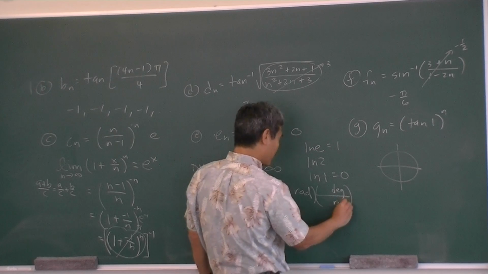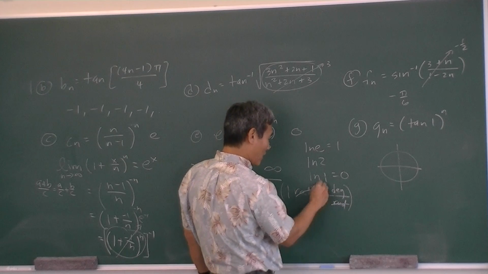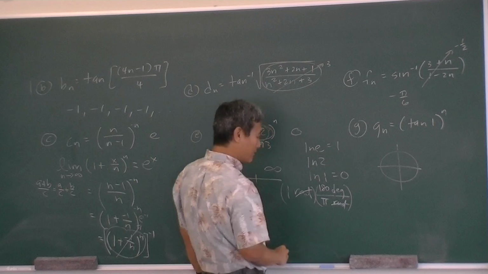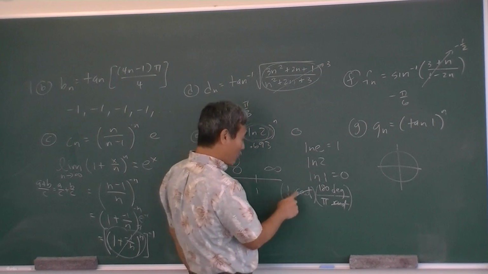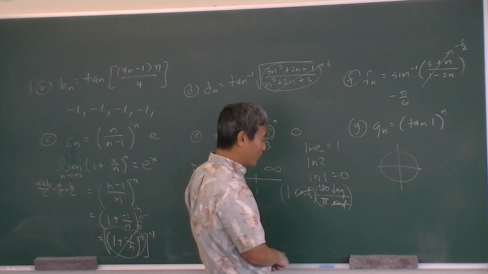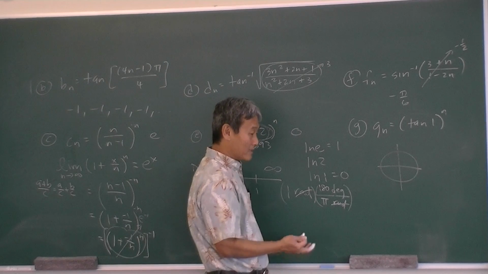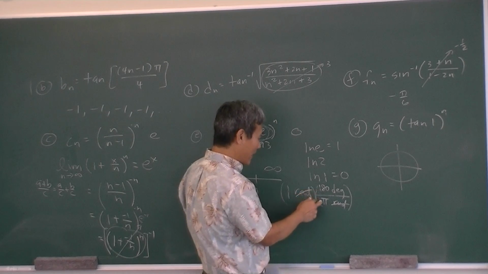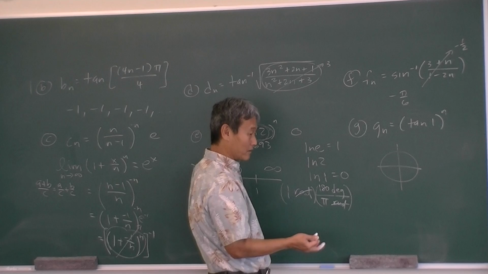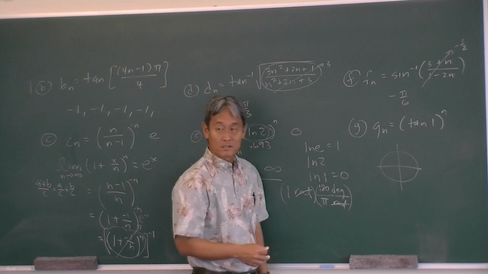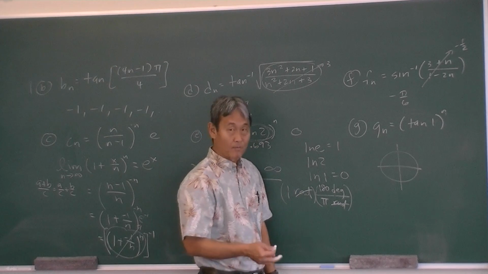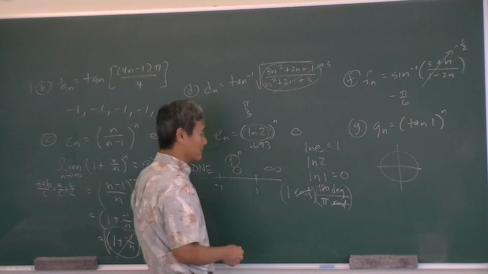Degrees over radians, so the radians cancel out. But we know 180 degrees is equal to pi radians, right? So 1 radian is equal to 180 over pi degrees. Pi is a little bit bigger than 3. 180 divided by 3 is 60, so what? A little bit smaller than 60 then, right?